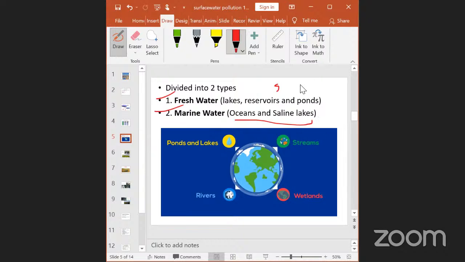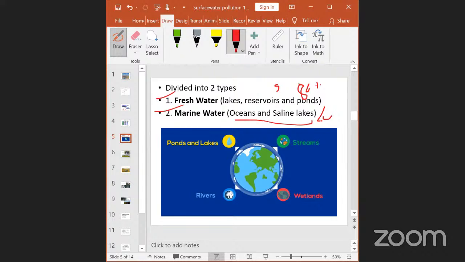80% of marine pollution comes from the land only, right? It includes water pollution of subterranean water, which is mostly used for drinking and irrigation purposes. This is properly known as groundwater pollution, which I already told about.